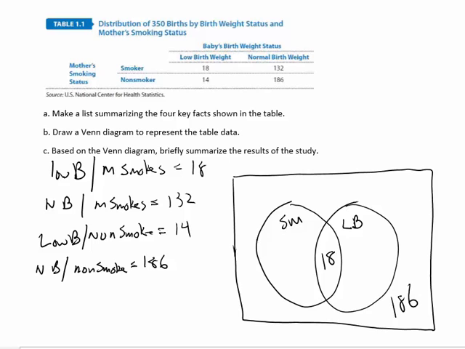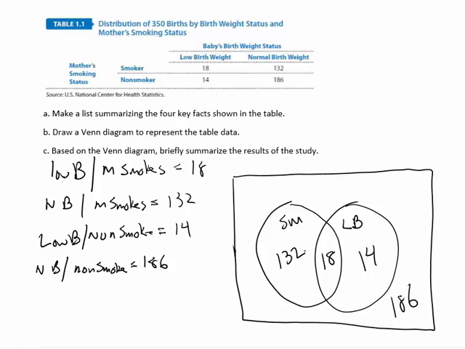So it means it's got to be outside the smoker bubble, but inside the low birth bubble. So that would be that number right there, 14. And then I need normal birth with mothers who smoke, and that would be the 132, that one right there.